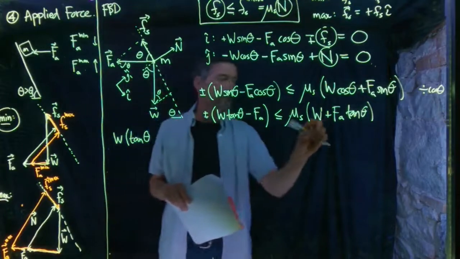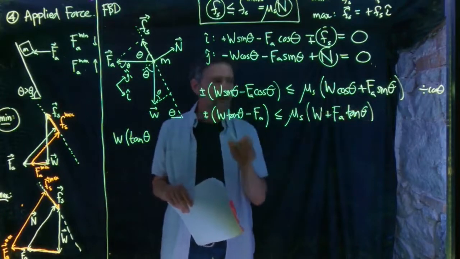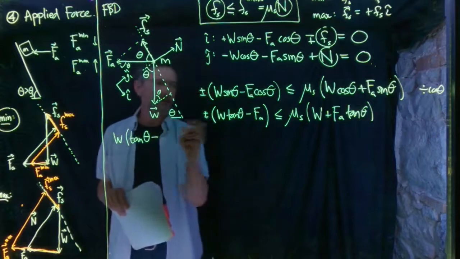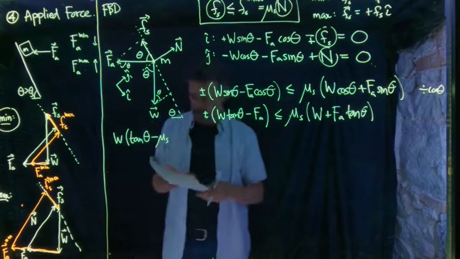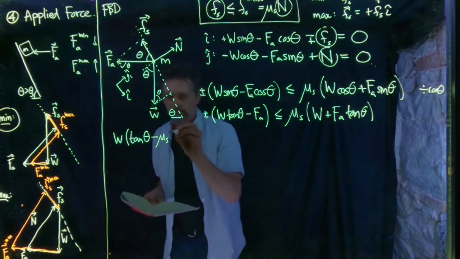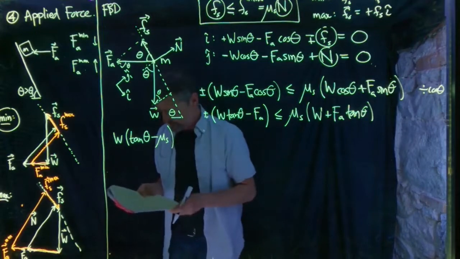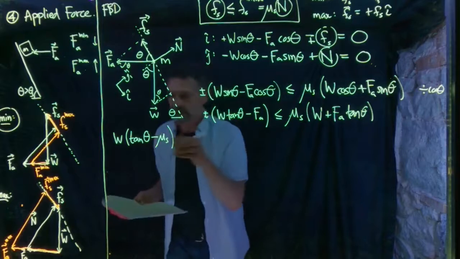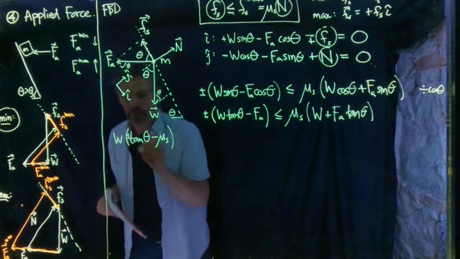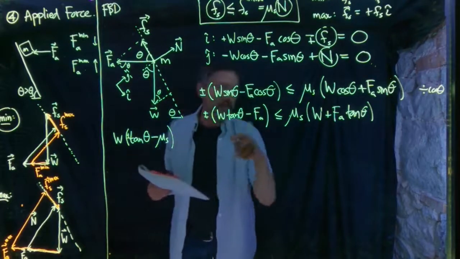And there's a W on the right-hand side. We pull it to the left-hand side, it changes sign, so it's minus mu s. Did I forget about the plus minus sign? I did, sorry. So W, there's a plus minus tan theta, and then minus mu s.